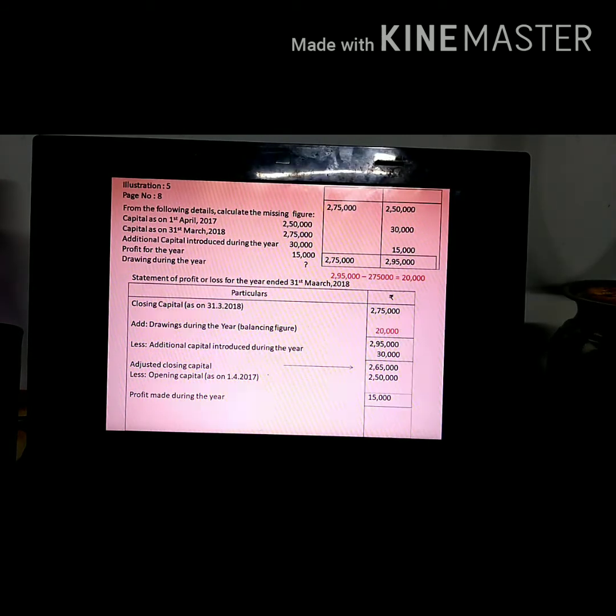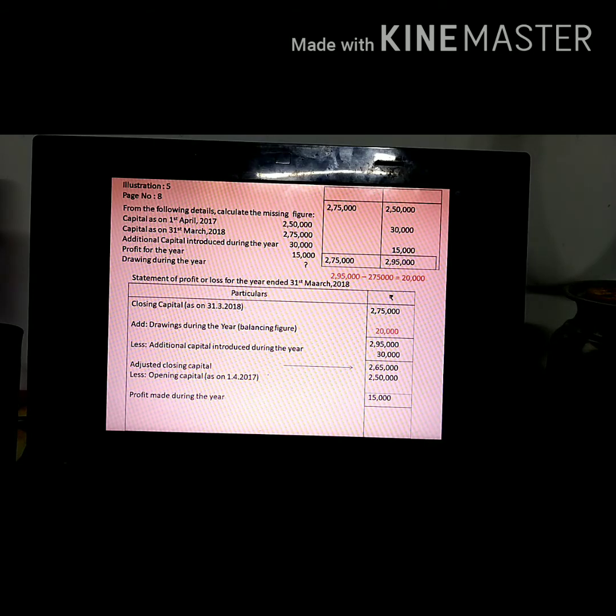On page number 32, children, listen: you have to work out problem number 3, problem number 4 and problem number 5. You can even try problem number 2.